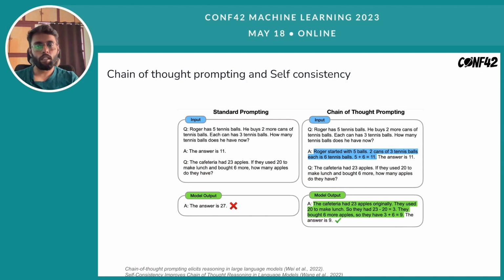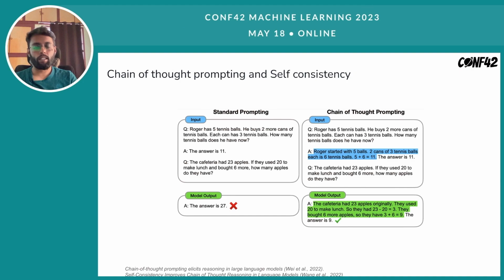So here, if you see the question, Roger has 5 tennis balls. He buys 2 more cans of tennis balls. Each can has 3 tennis balls. How many tennis balls does he have now? In the answer, as a one-shot example, they have explained the different steps that can be deduced from this question, and then the final answer.